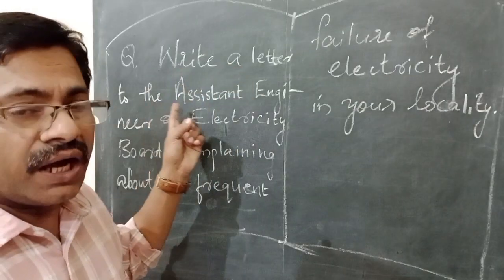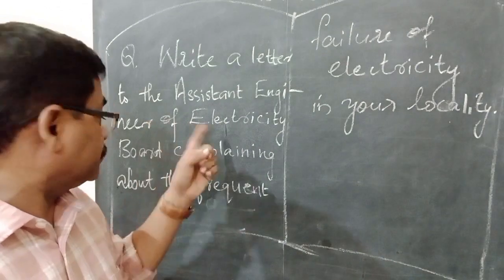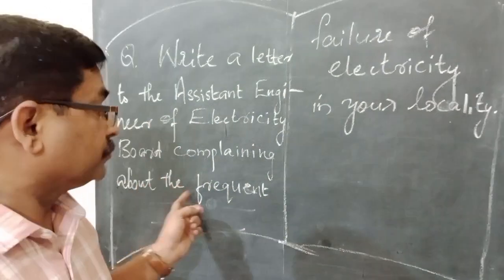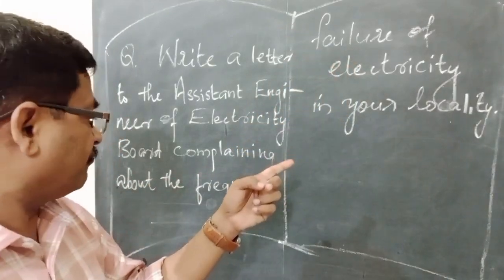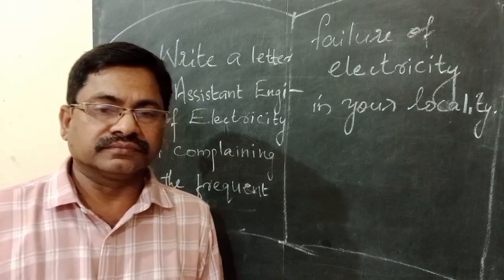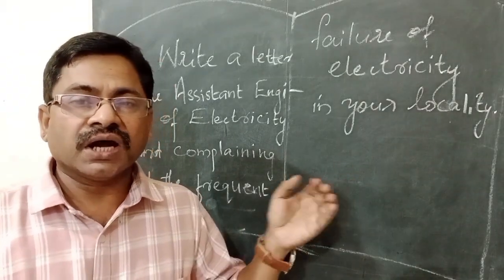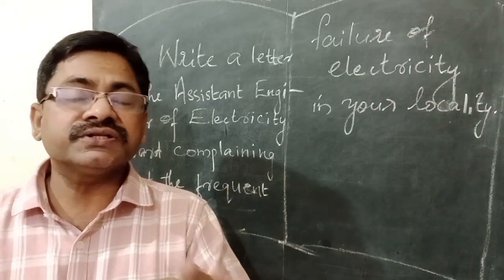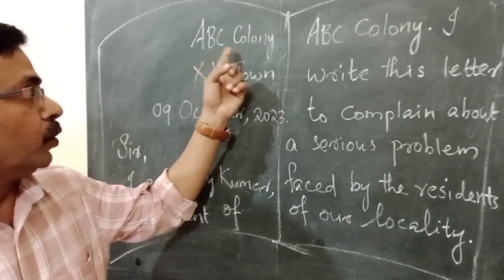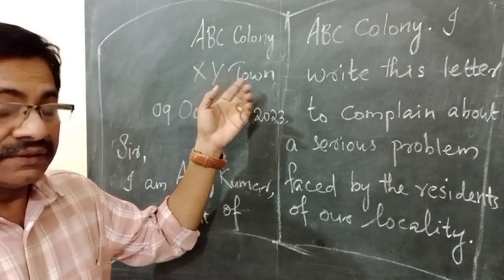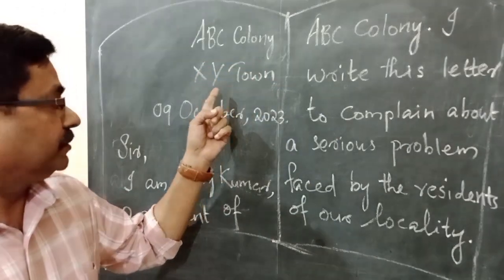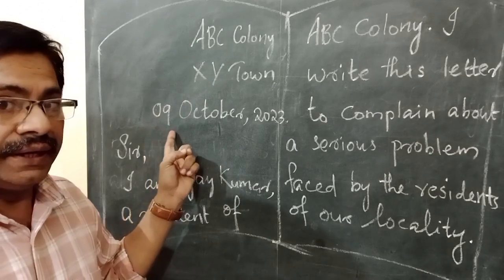Write a letter to the assistant engineer of electricity board complaining about the frequent failure of electricity in your locality. Now let us find out how we can write this letter. First of all, self-address, colony name, other city name, you can write here, and this is followed by the date.